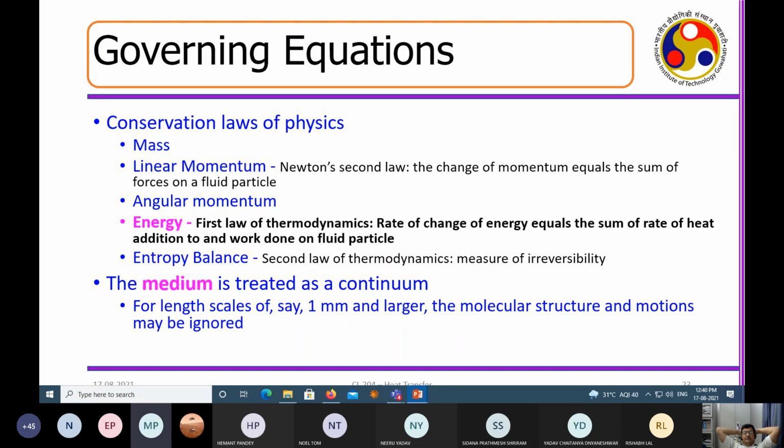So here it is linear momentum, probably. In Newton's second law, whether it is linear momentum or angular momentum? Linear momentum, sir. So what happens to the angular momentum? Why not angular momentum? Why only linear momentum?